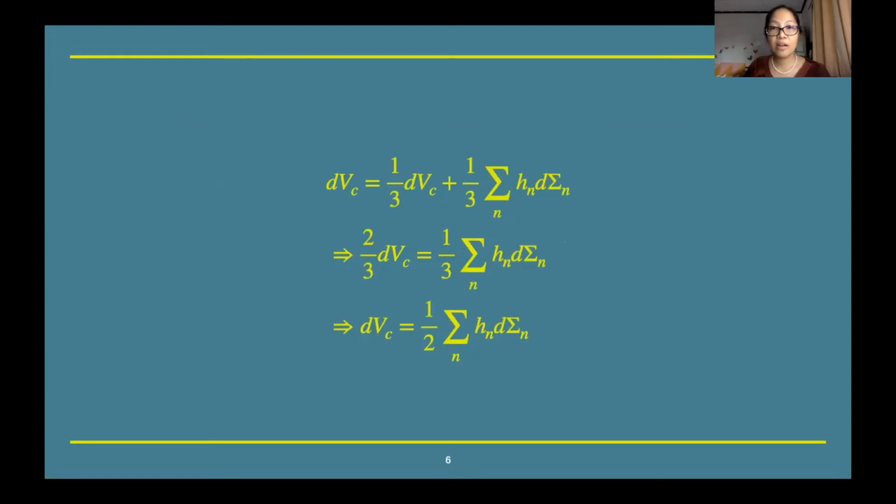Thus, we can rewrite the equation for the derivative of the volume of the crystal. Looking at the right side of the equation, we have 1/3 times dV sub c. So we can group together the similar terms, and we end up with the bottom equation for the derivative of the volume of the crystal. Now it is equal to 1/2 times the sum over n of h sub n times d sigma sub n.